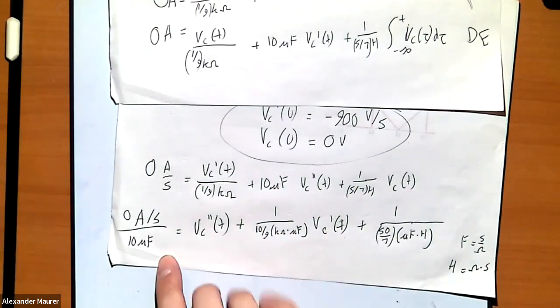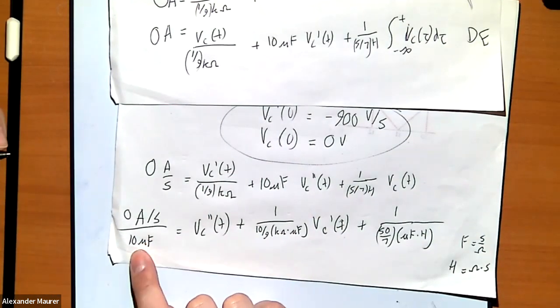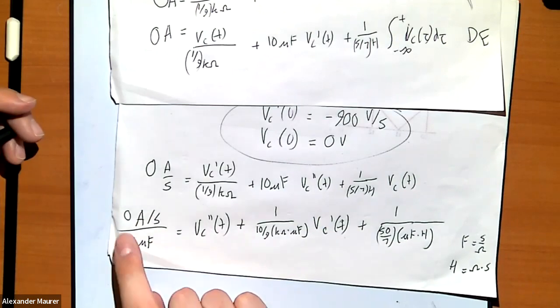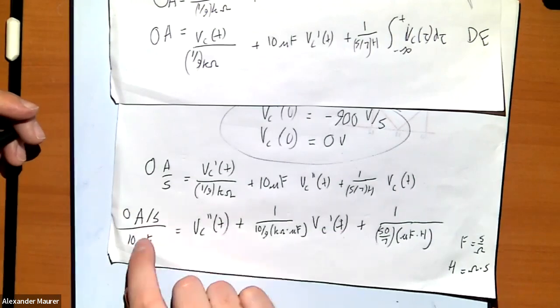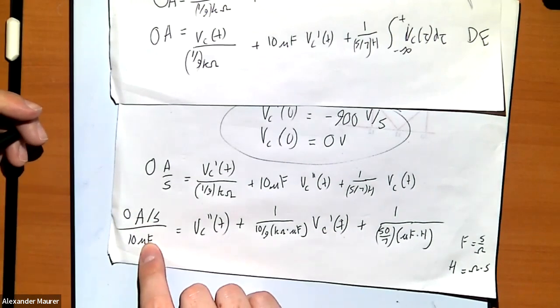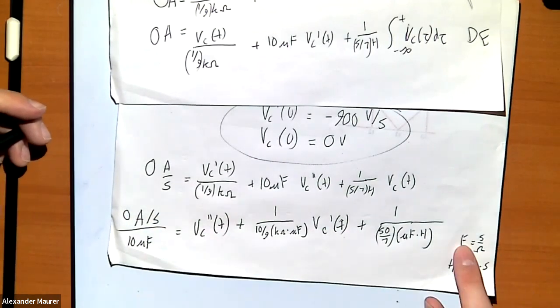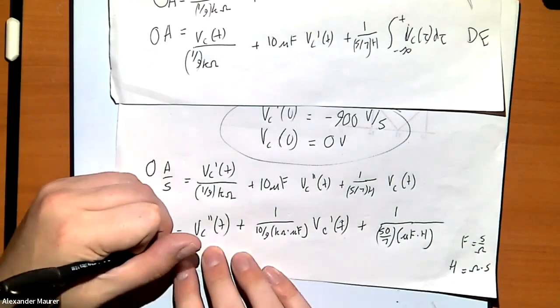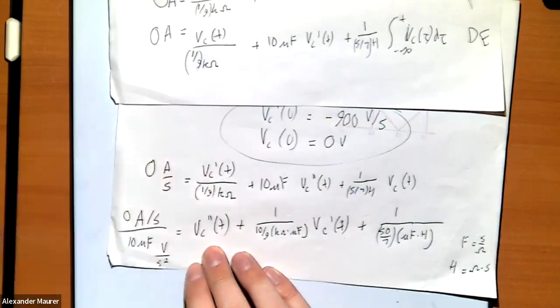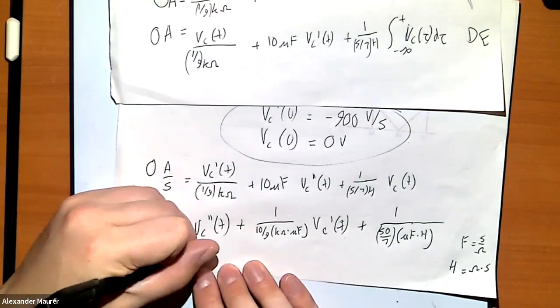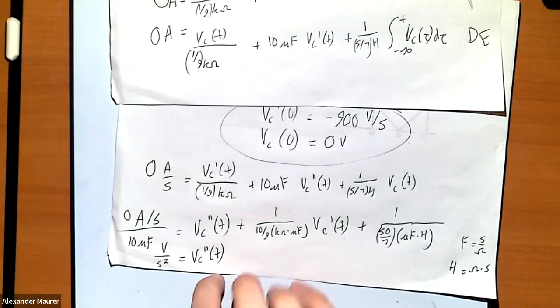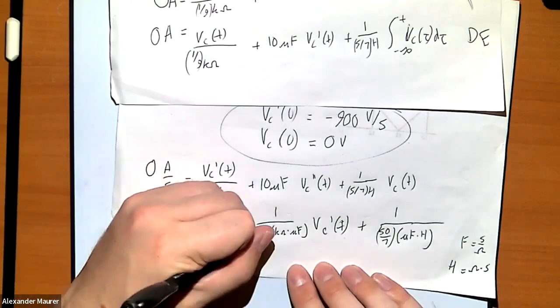So if we resolve all of our units, amperes per second, the micro doesn't matter because it's going to get a 0 on it. So we're just talking amperes per second farad. Farads are seconds per ohm. So then the ohms are going to come to the top, and we're going to get volts per second squared over here, which is good because VC double prime of t has exactly those units.